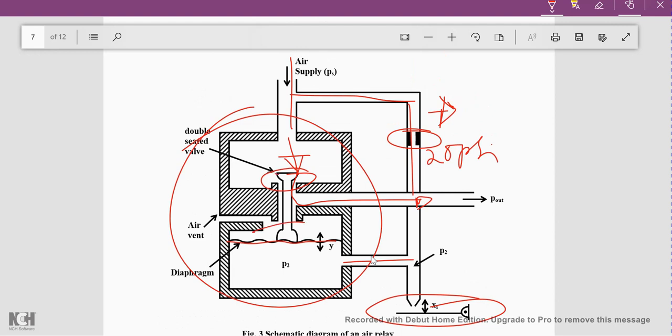When the air supply is available here, it will push the valve below and close this opening, but that air supply is also taken from this side and this P2 will increase, so the diaphragm will increase.